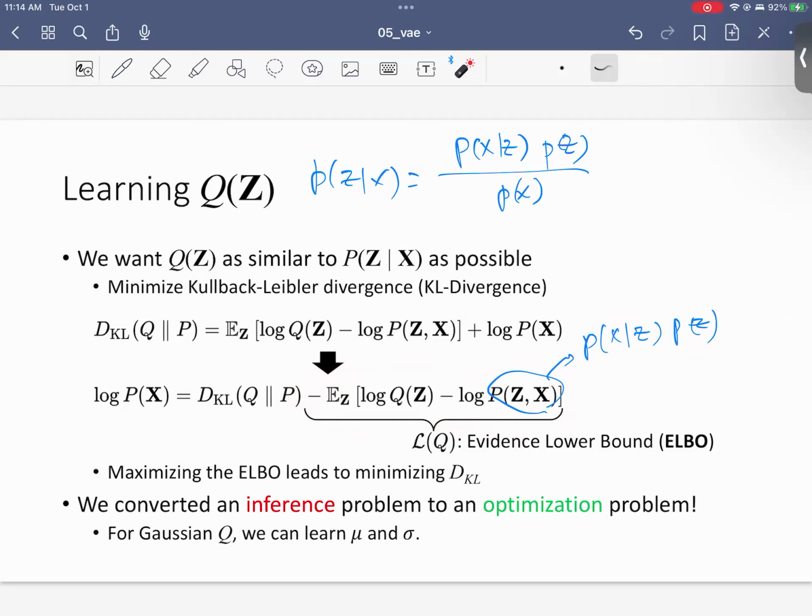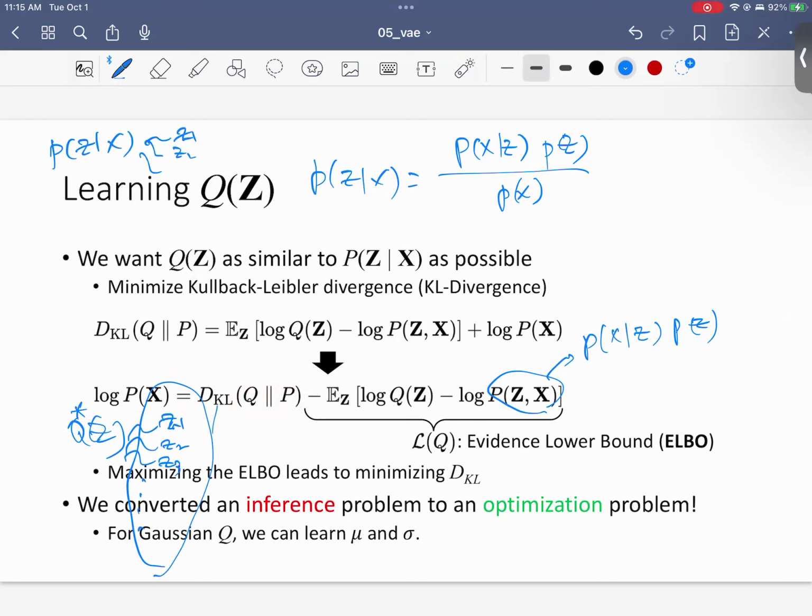If your KL value is small enough, then it means that your Q is now similar to P. And then we can simply sample from Q, or I'm going to call it Q star, which is an ideal Q. If we sample from Q, we get z1, z2, z3, and so on, and these values will be similar to what we could actually sample from p(z given x).